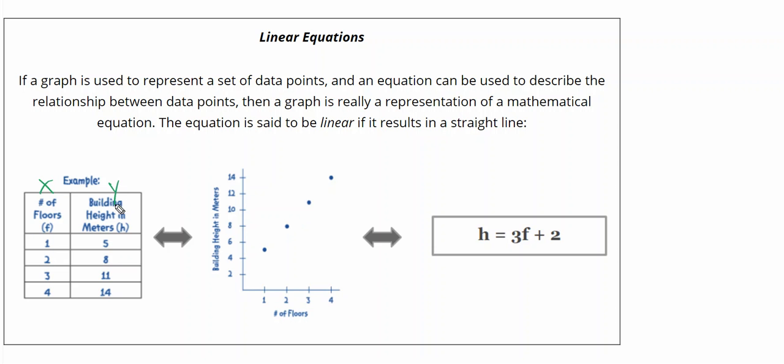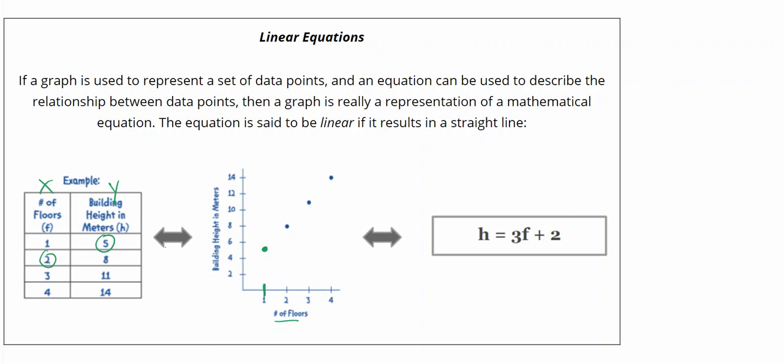And then the height of the building is our y's. So if we plot this data, when the number of floors is 1, this should be at 5, between 4 and 6. So that'd be our first point.